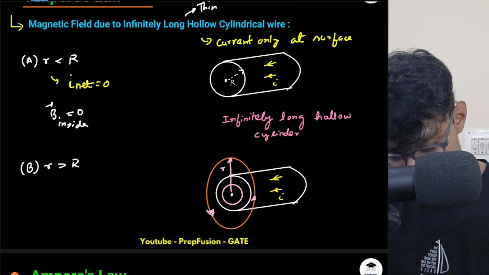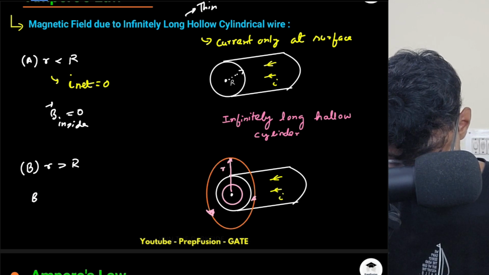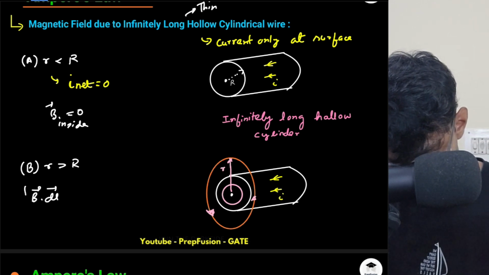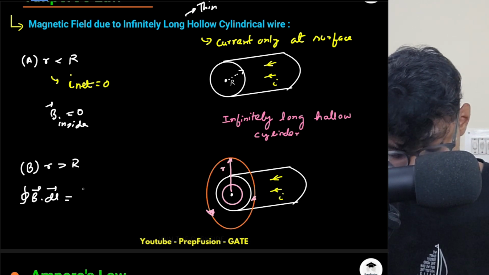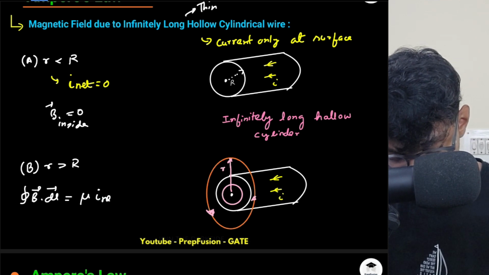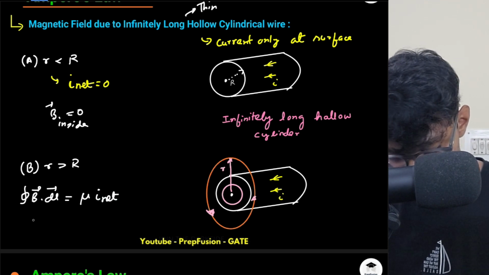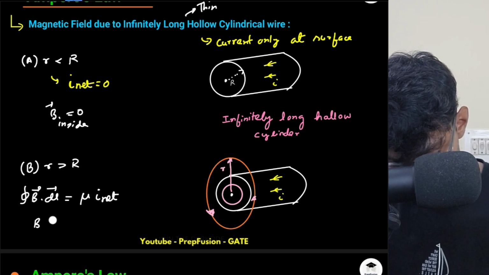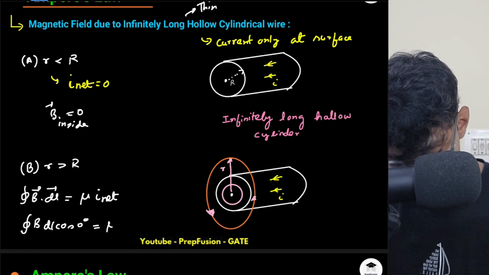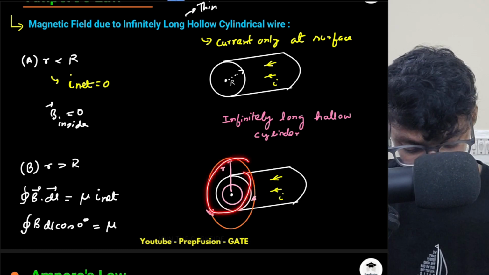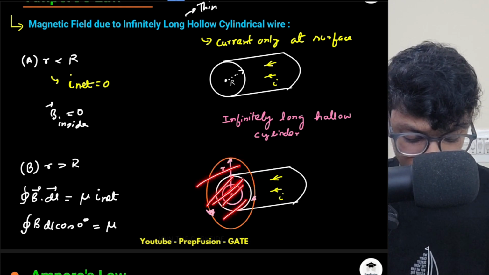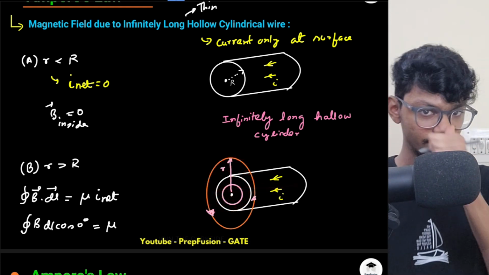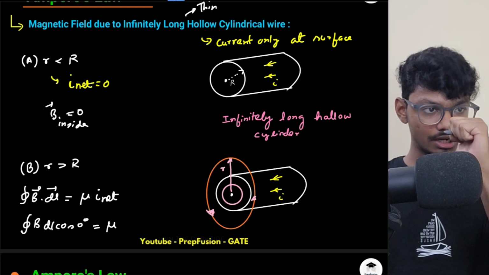So again, the closed line integration of B dot dl should equal mu times I net. So what does it become? It becomes B dl, the vector goes away, cos of 0 degrees, closed line integration equals mu times I net. Now this is the orientation of my surface, and through this whole cross section the current I is coming towards me, and the orientation is the same as the current, the positive direction.